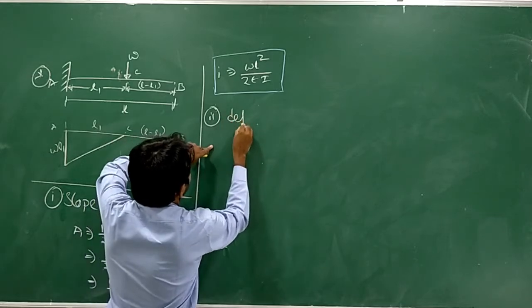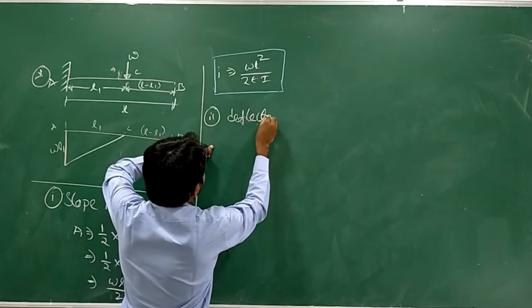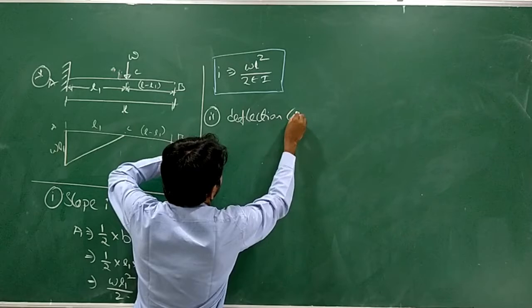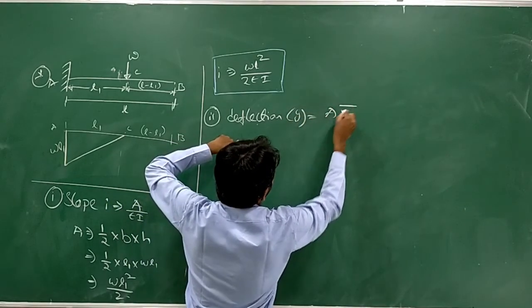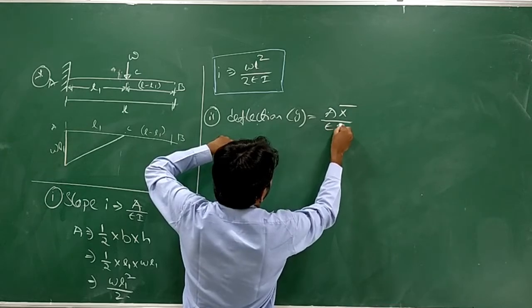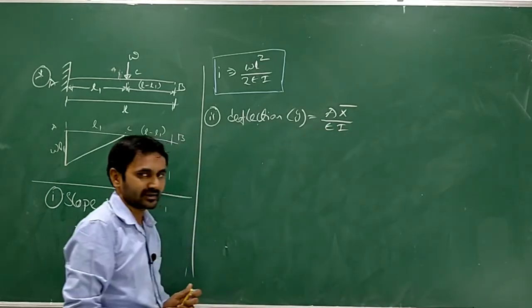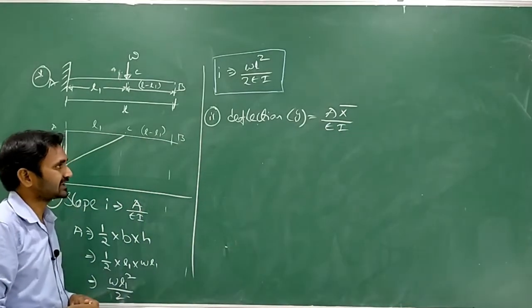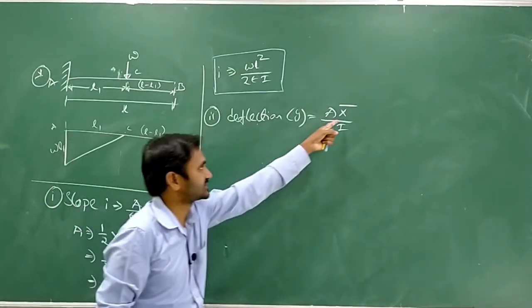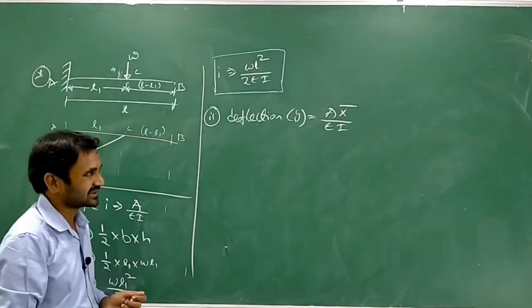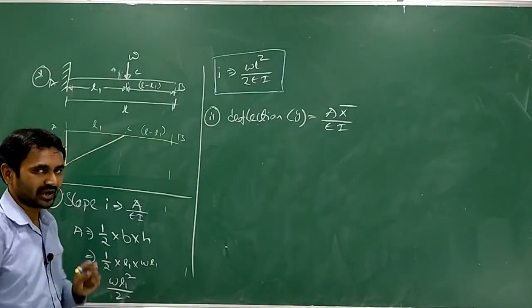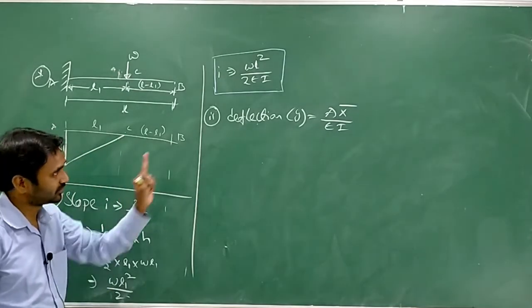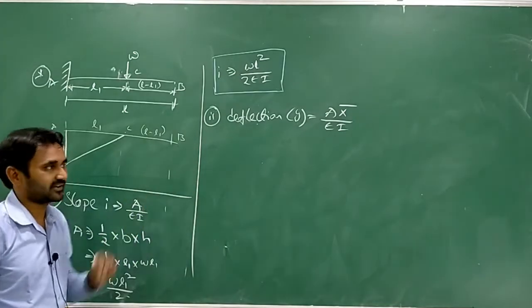Deflection, denoted by Y, is equal to A x bar by EI. Here x bar is the centroidal distance, calculated from B and from C. You have two x bars in this case, so you will get two deflections.